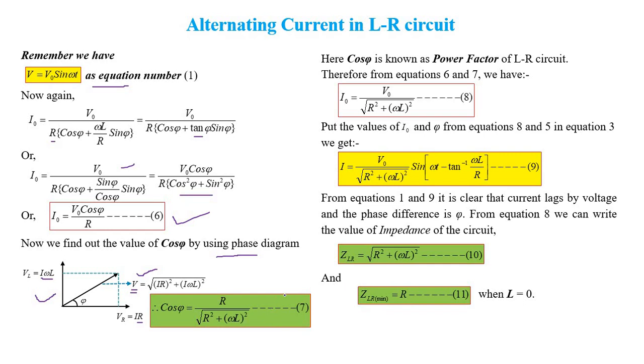So this is equation number 7. Now this cos phi is known as the power factor of LR circuit.